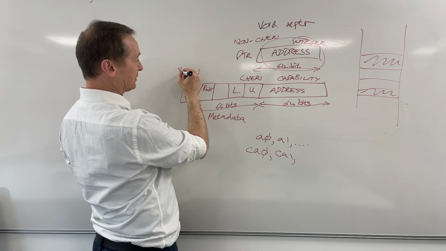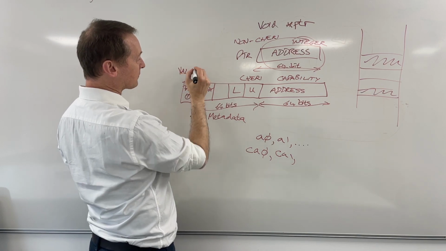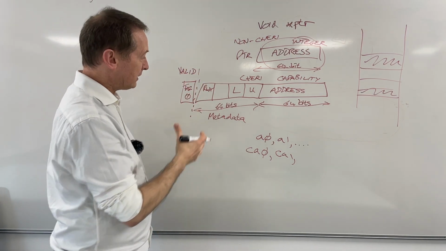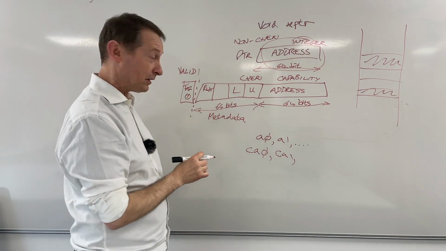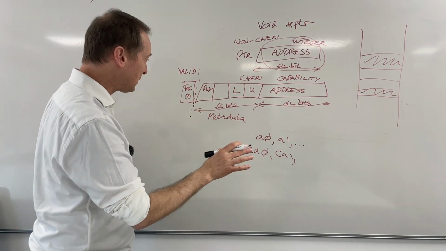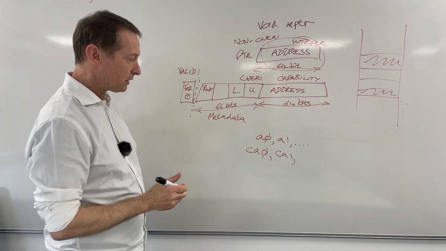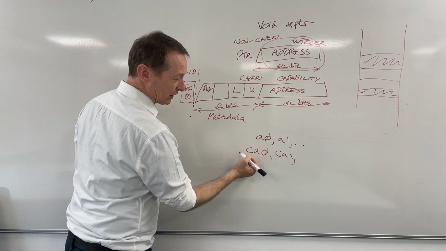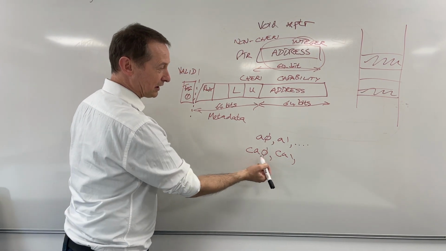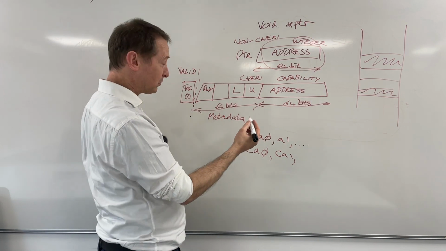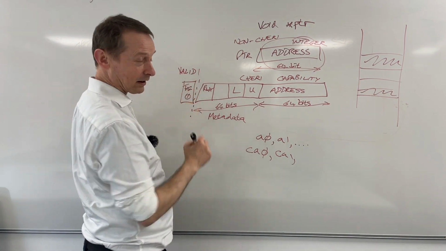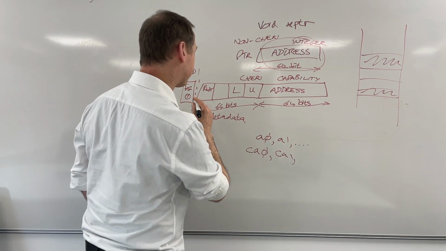So the tag's effectively a valid bit. We store this to memory as an additional bit in the memory as well. But this is all hardware controlled, which means architecturally our registers are 129 bits, because in our register file we also keep track of this tag bit.